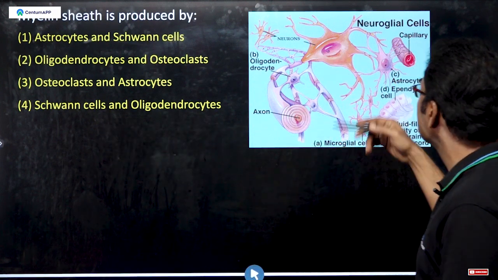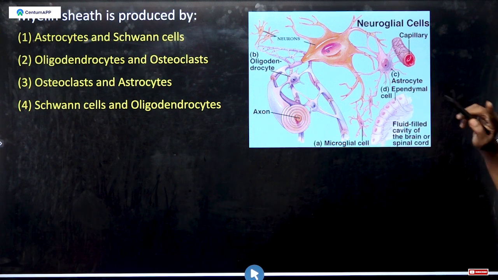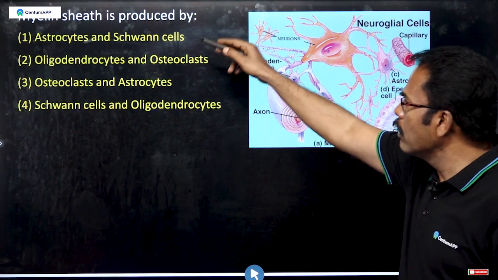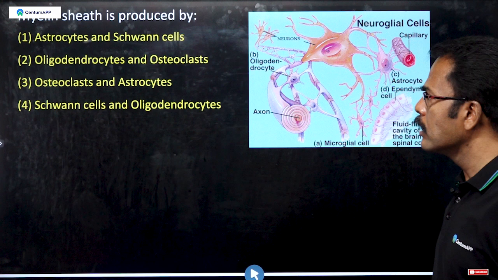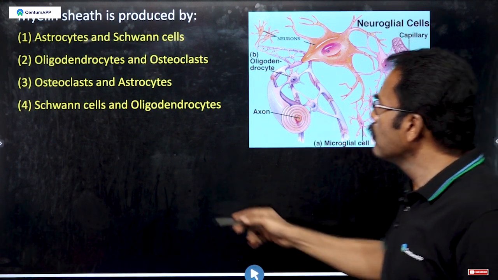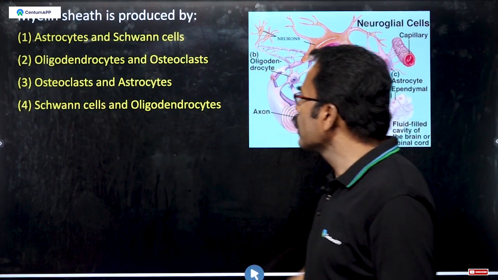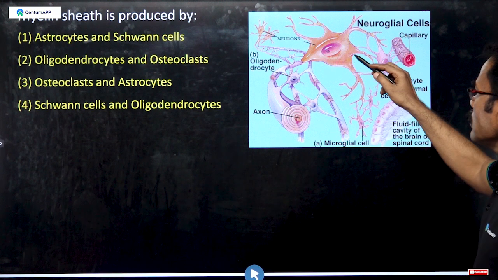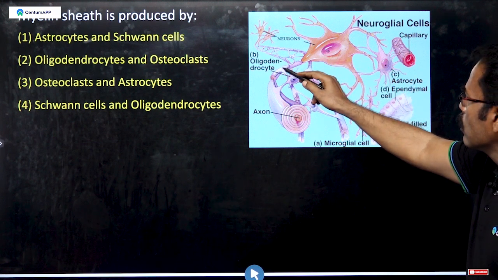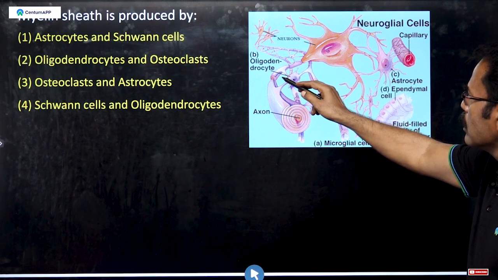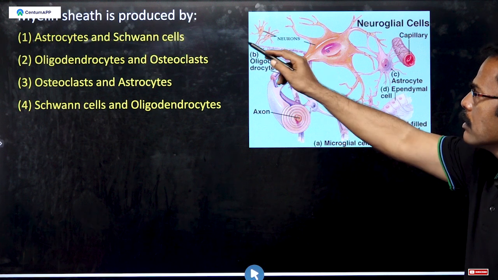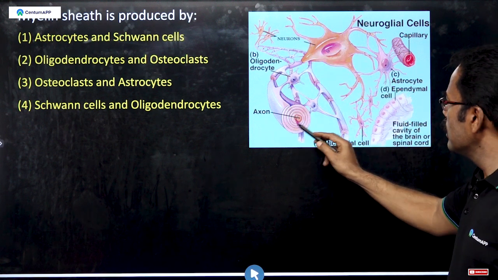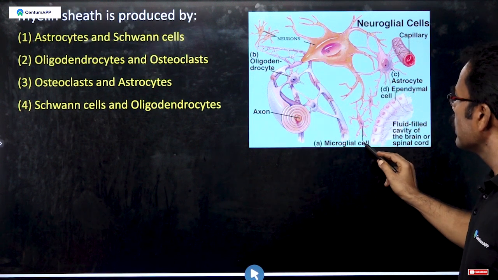See, here there is a picture of the neuroglial cells. Here they have given mostly neuroglial cells, except osteoclasts. See, oligodendrocytes are responsible for the production of myelin sheath, and this is the axon and the microglial cells.